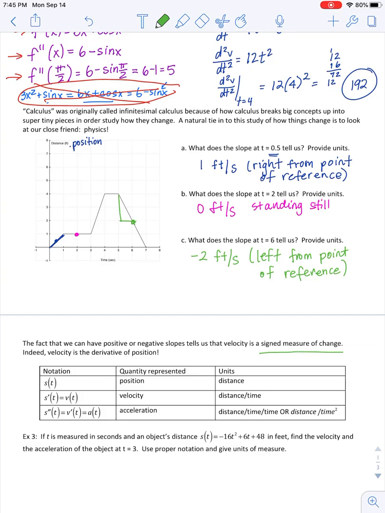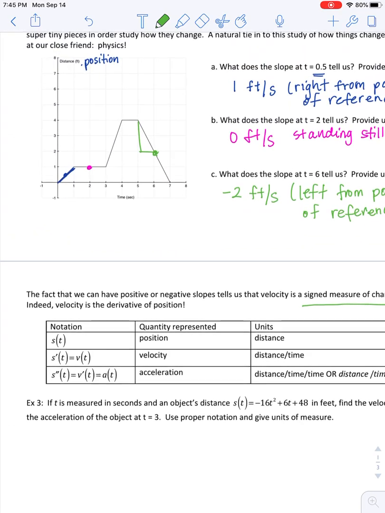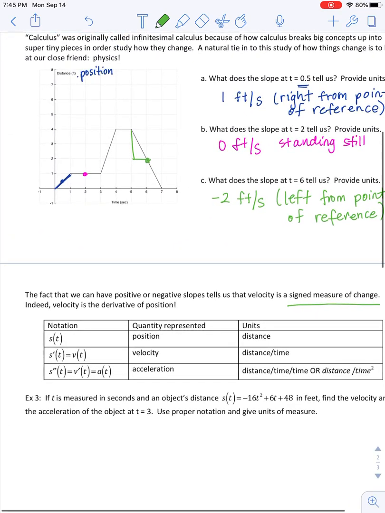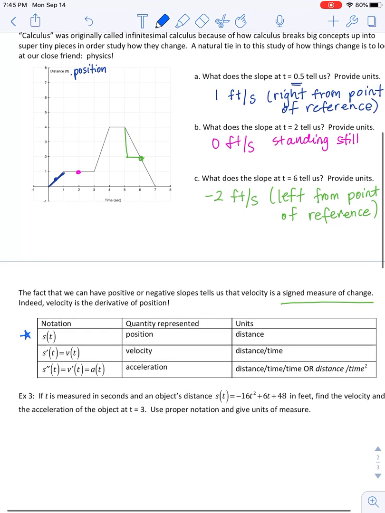So this is notation that we have for these physics discussions that we like to have in calculus class. The first one, who knows why, but position in our class is typically denoted by s of t, and as we get into chapter 4, we'll eventually start talking about x of t and y of t, but for now, we're just going to use position s.